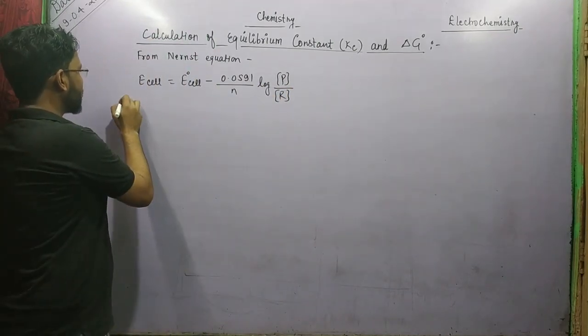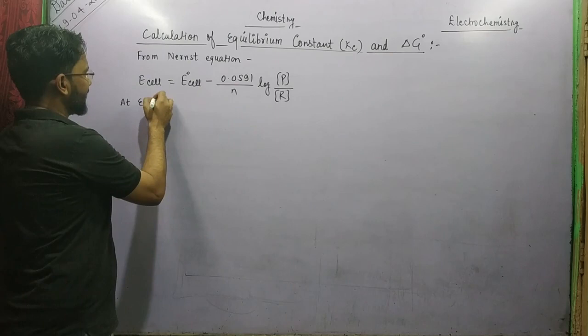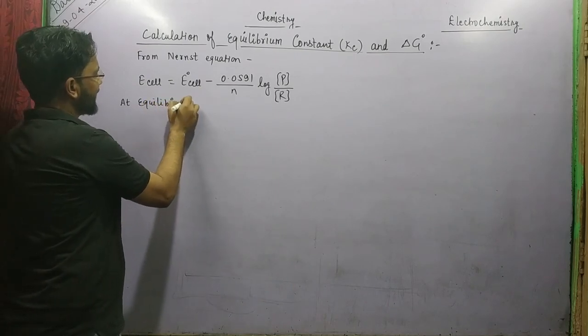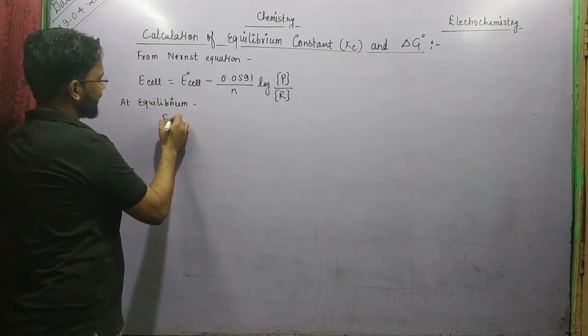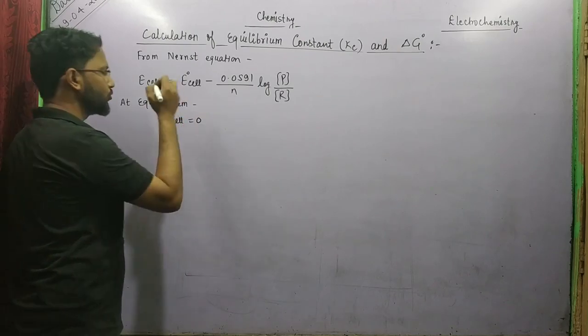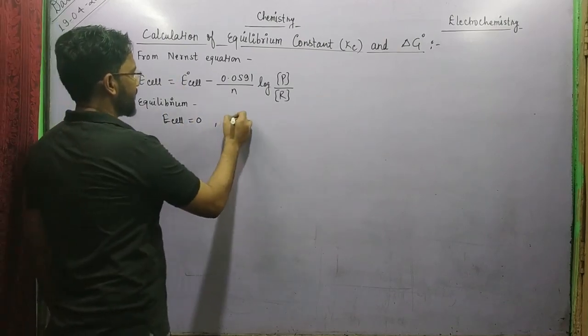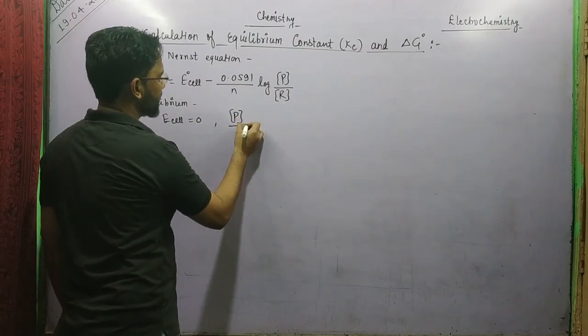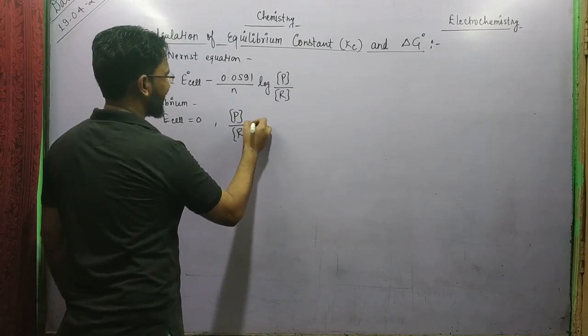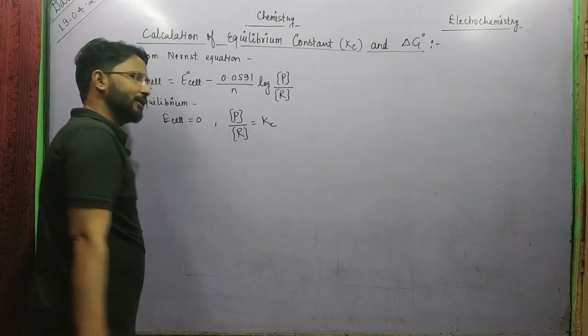At equilibrium, E cell is equal to 0 and the concentration of product over concentration of reactant is equal to the equilibrium constant Kc.